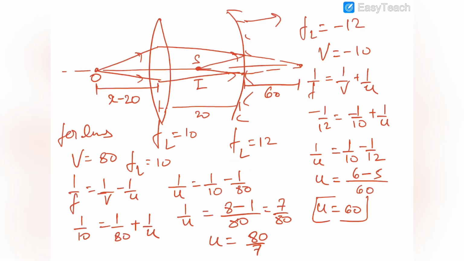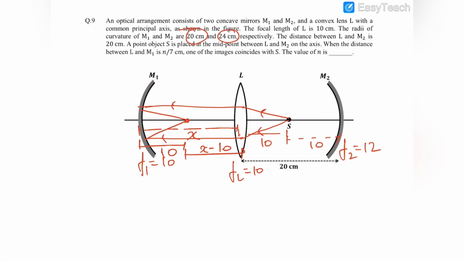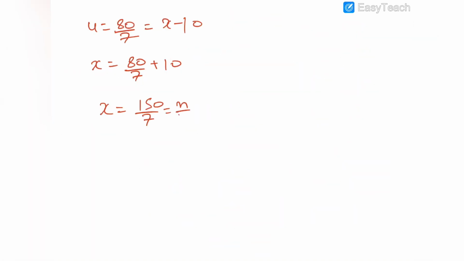So x would be equal to 150 by 7. Okay, so x is 150 by 7, and if we compare it with n by 7, then the value of n would be equal to 150.